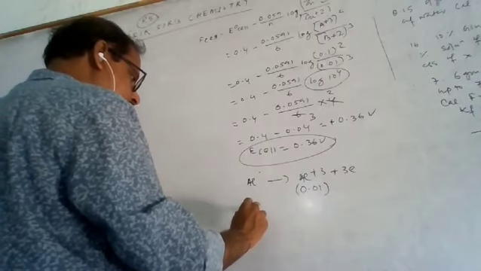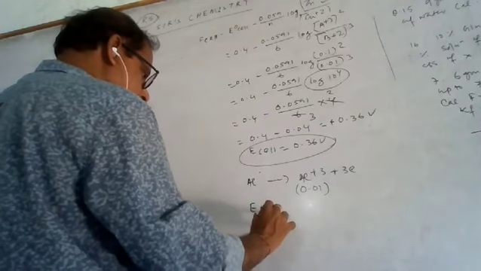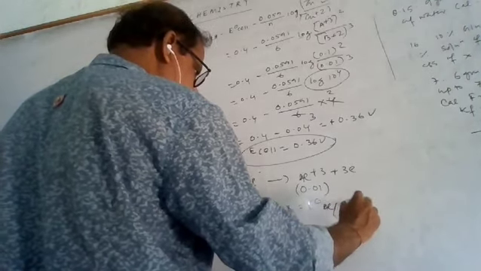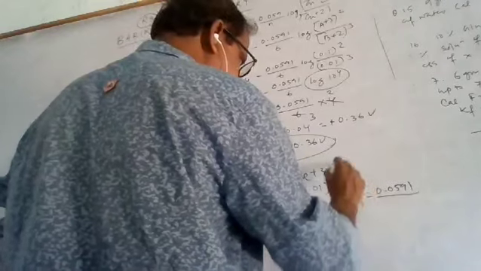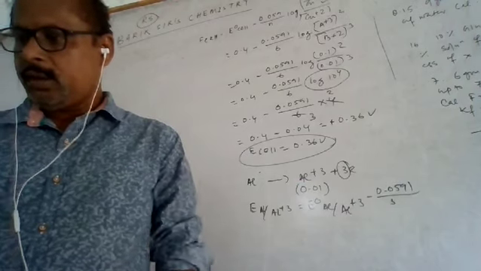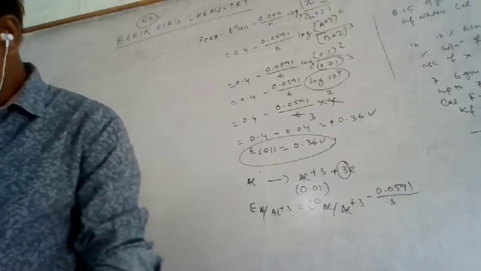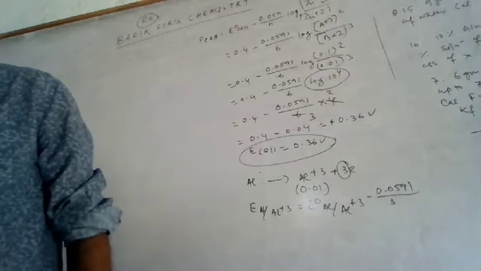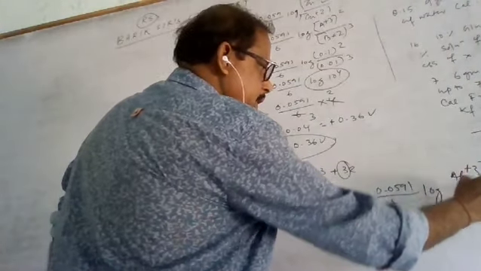So E of aluminum to Al+3 is equal to E naught aluminum to Al+3 minus 0.0591 by the maximum number of electrons exchanged here, which is equal to 3, and it will be log of Al+3 concentration by the Al concentration.